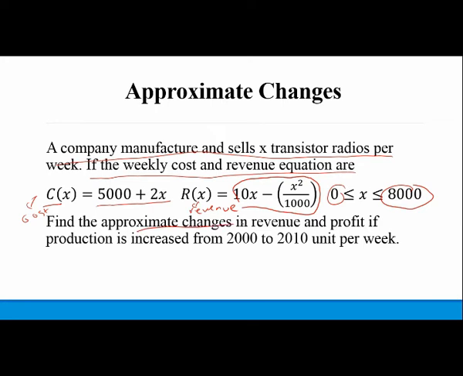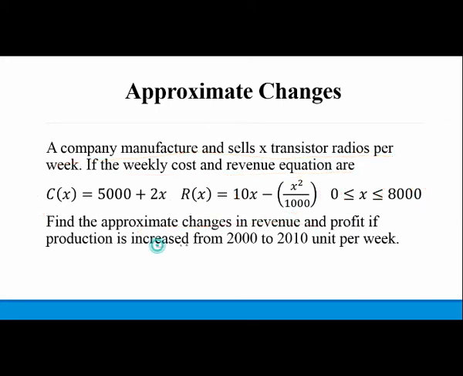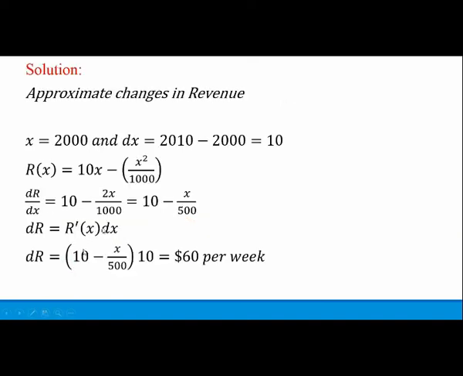Find the approximate change in revenue and the profit if the production is increased from 2000 to 2010 units per week. When they say approximate change, it's not the average change, but approximate. The formula for approximate is like this.